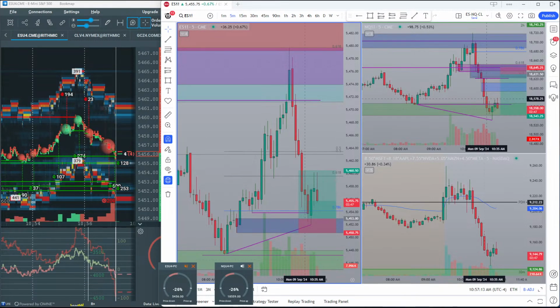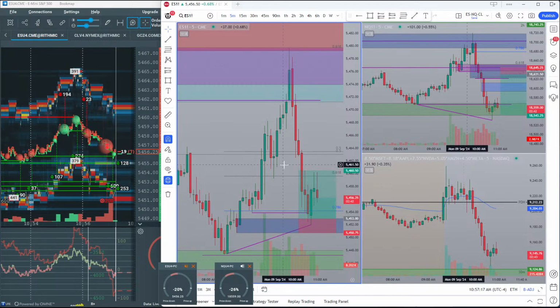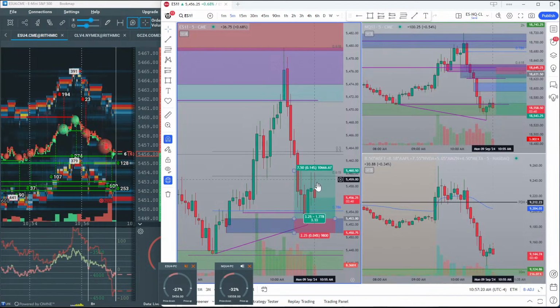Sellers are stepping back up. Let's see if we create divergence again.